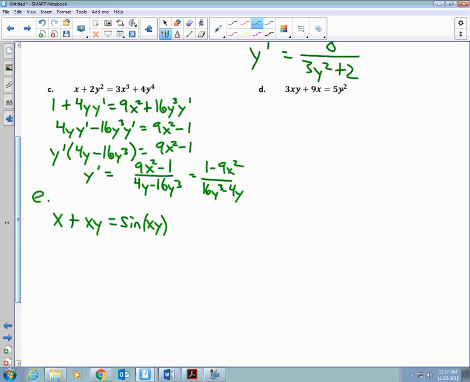What's the derivative of 5y squared? That was easy. What's the derivative of 9x? 9. So now we just need the derivative of 3xy. And we're going to do the product rule. What's the derivative of 3x? 3 times y plus 3x times, what's the derivative of y? 1 y prime.